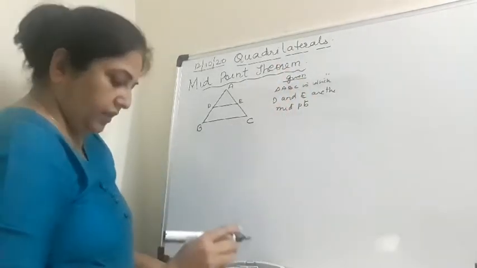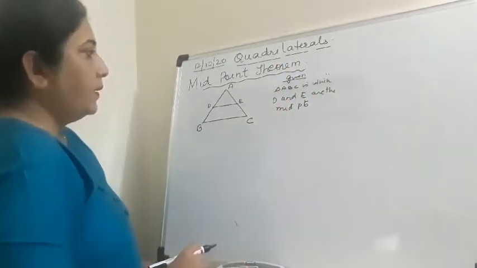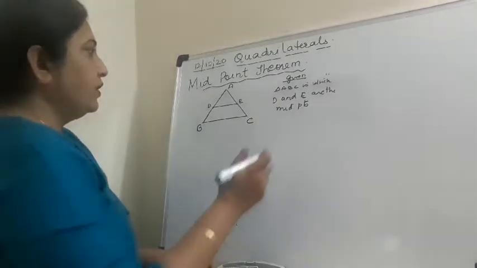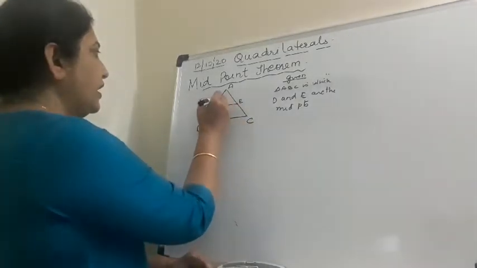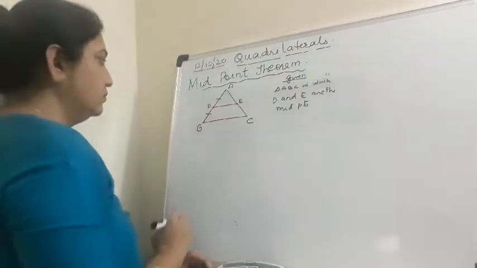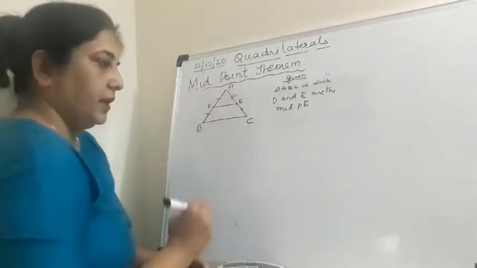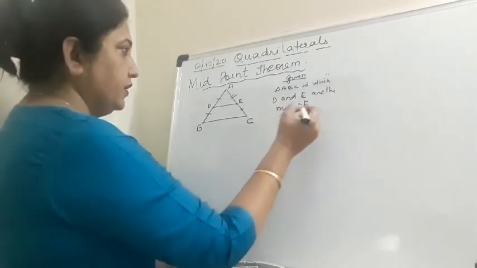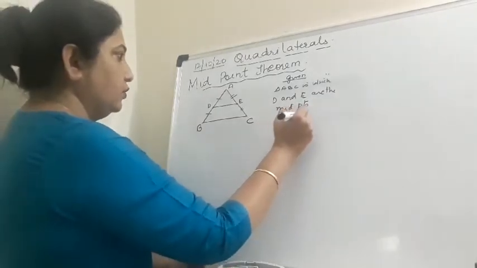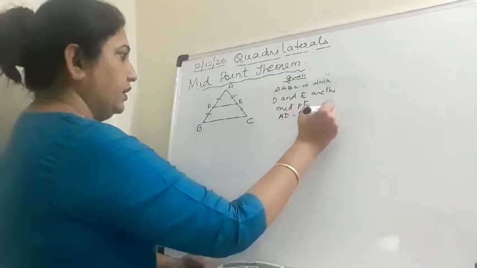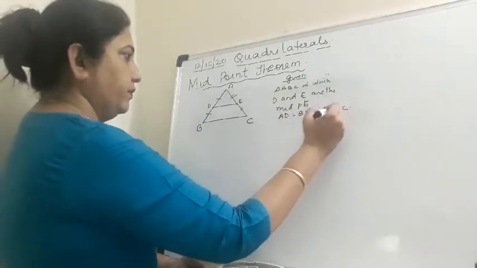We write AD is equal to BD and AE is equal to EC. Yes, so we write here AD is equal to BD and AE is equal to EC.